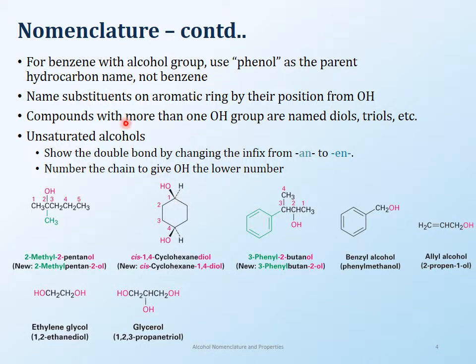Now, you can also have alcohol groups on benzene, and those kind of alcohol groups are then called phenols. Okay, those compounds, they're called phenol, and the phen is coming from phenyl. If you remember, we call a benzene ring that's attached to anything a phenyl ring, and so this is the phenol coming from the phenyl ring, and then the ol is coming from the alcohol.